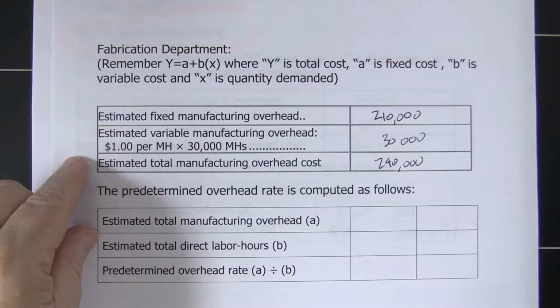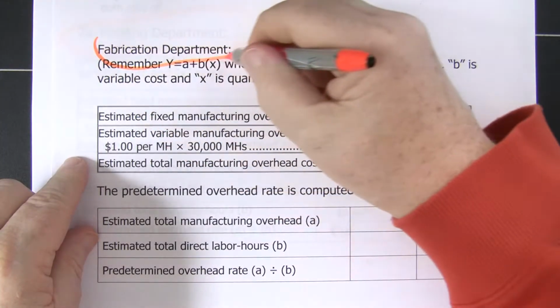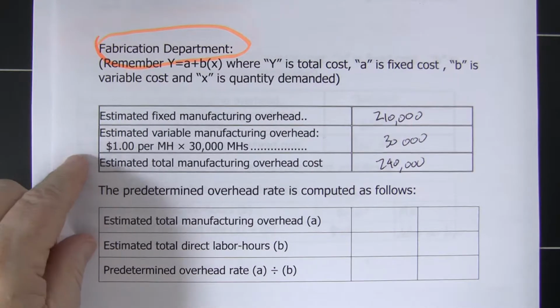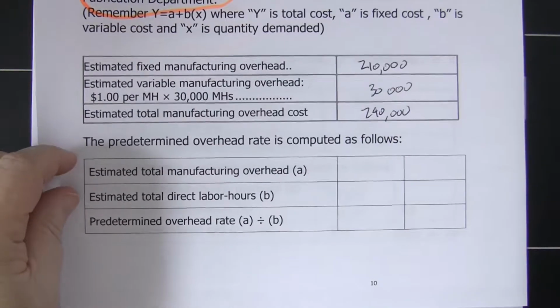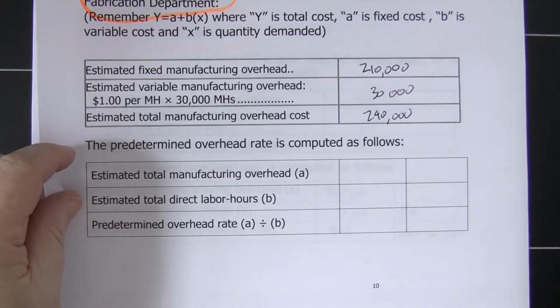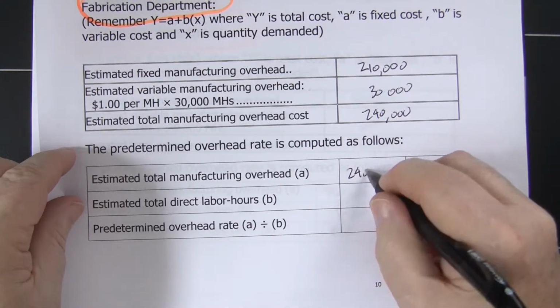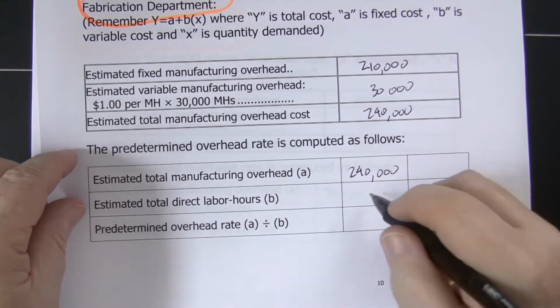And make sure you remember that what we're doing now is we're breaking down the overhead by department. This is a fairer way to do it, and many companies do it because they feel it gives them better data for decision making. So the estimated total overhead, $240,000.